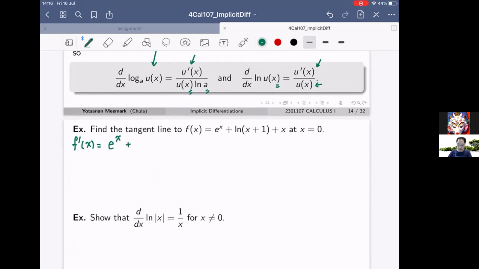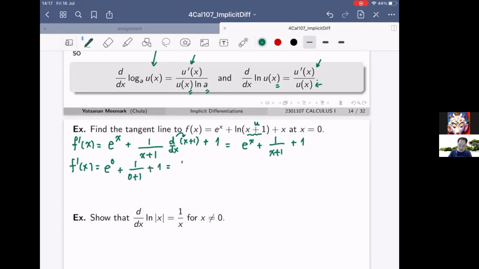The derivative of log, this one is a u, it's not an x, so it will be 1 over u, and then the derivative of this u with respect to x, and the derivative of x plus 1 is 1. So we got e to the x plus 1 over x plus 1. If your x is 0, you get e to the 0, which is 1, and this one is another 1, so you get 3.